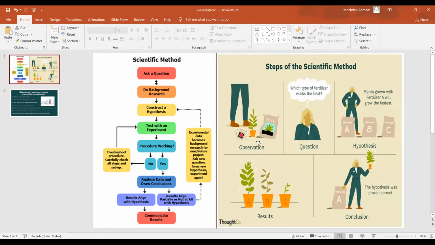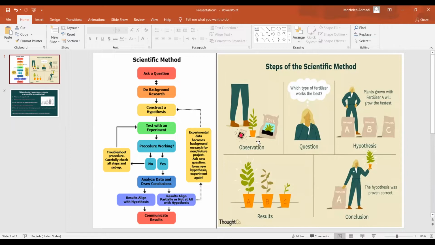Why does it grow faster? Maybe I should do an experiment to see why the plant is taller.